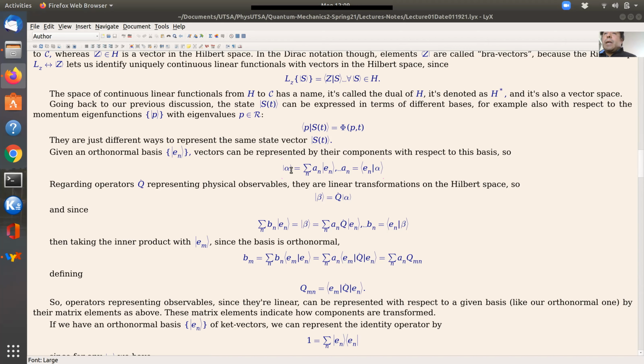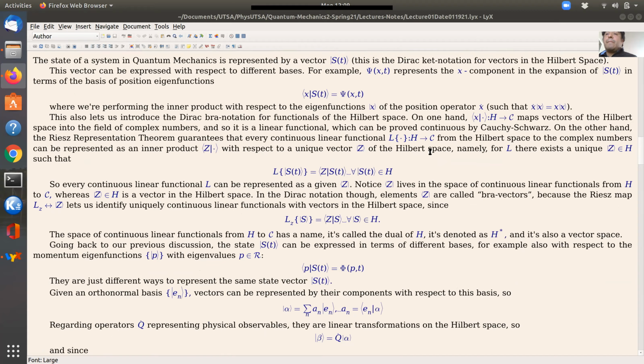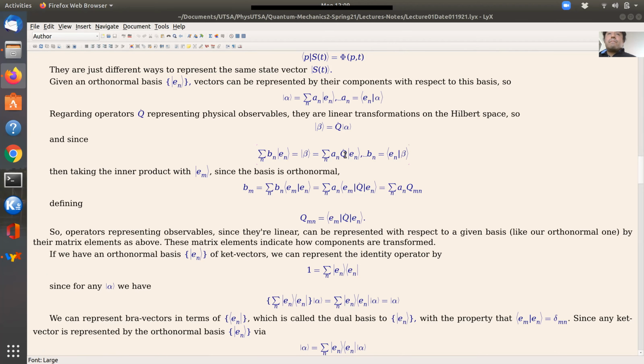So the vector alpha has this representation in terms of the orthonormal basis En, and these coefficients are basically the inner product of En with alpha. It is exactly justified the same way we did it for this, okay? But, well, we can also define operators. We're in a Hilbert space. We have already defined vectors, functionals with this ket vector and bra vector notation.